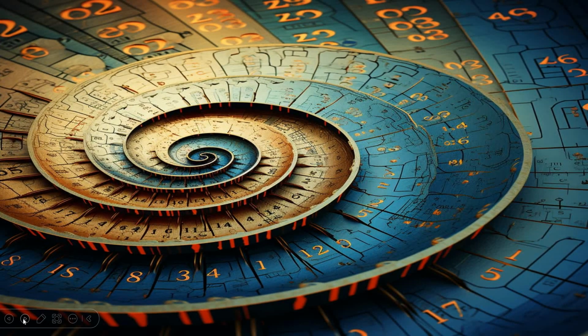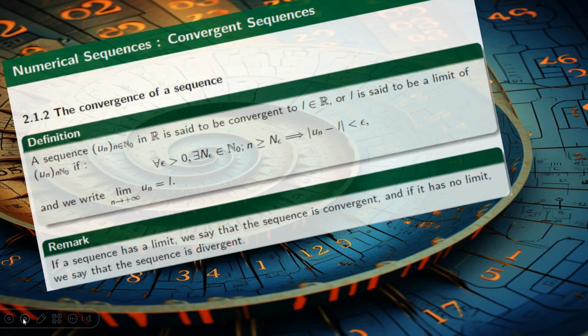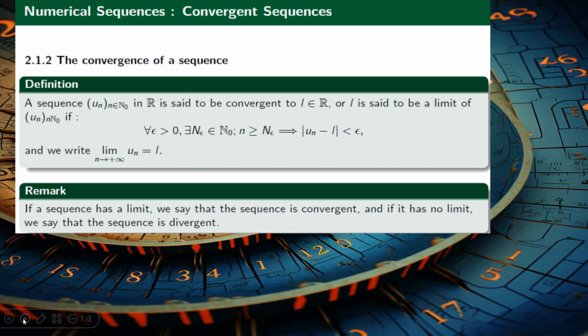We will now consider the second concept, which is the convergent sequence. A sequence is convergent to a real number L, which means for all epsilon strictly positive, there exists a natural number n epsilon, such that if n is greater than or equal to n epsilon, this implies the distance between un and L is less than epsilon.